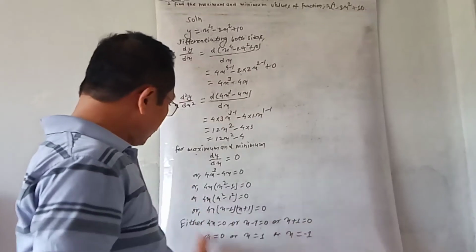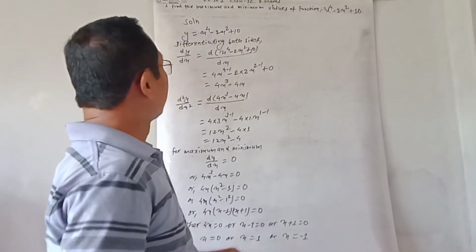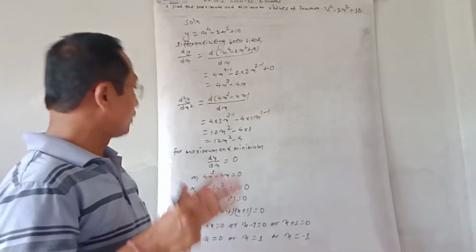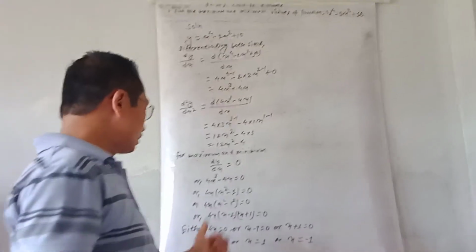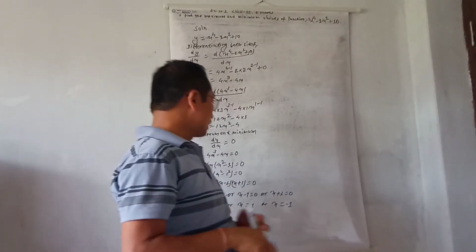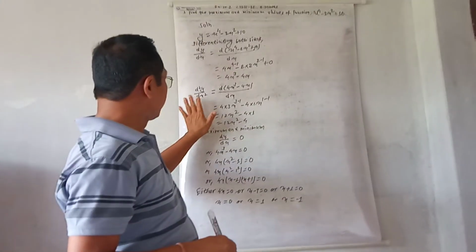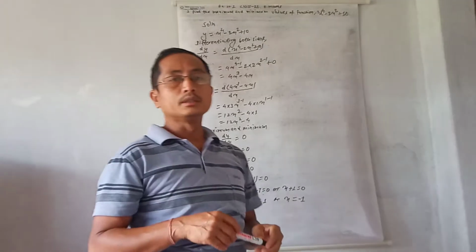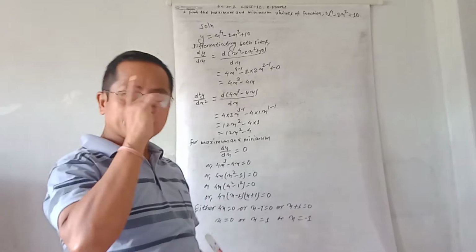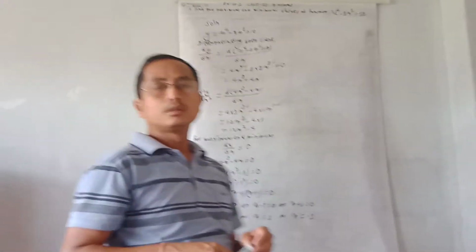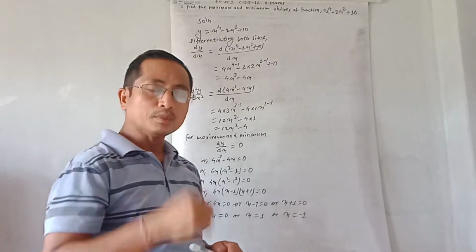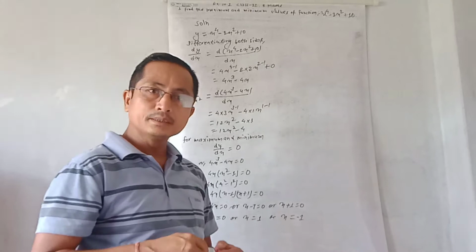Now after calculating the value of x, in order to find the maximum and minimum, we have to check whether the function has a maximum point or minimum point at x equal to 0 or not. So to check, we use the second derivative. When the second derivative is smaller than 0, the function has a maximum value at that point.